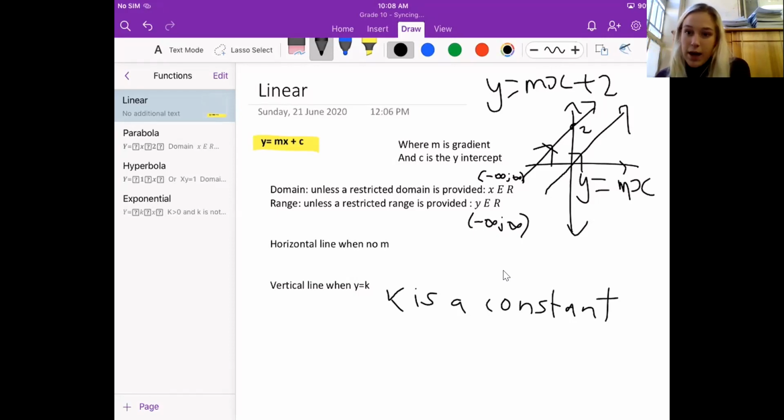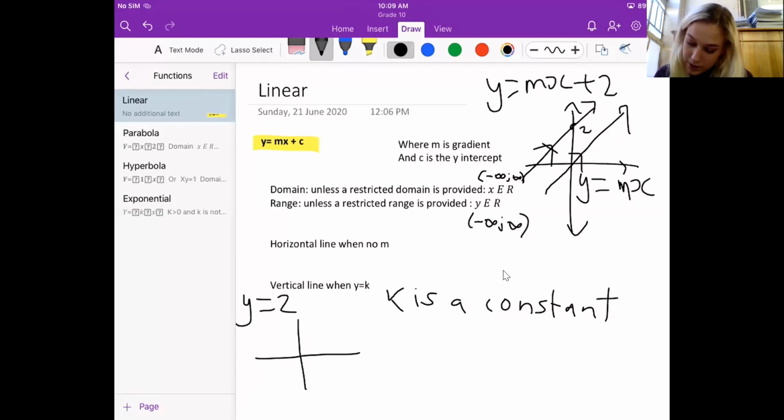So let's quickly draw a horizontal one. When we have a horizontal line, like I just said, we have y is equal to a constant. I've written this incorrectly. Y is equal to, let's say, 2. So if we have an intercept of 2, that will be our y equals 2 line.